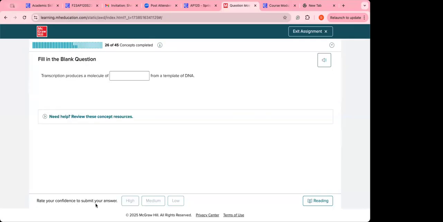Okay, next question. Okay, now this is a different process. This is transcription. Transcription produces a molecule of blank from a template of DNA. So let's look at that.